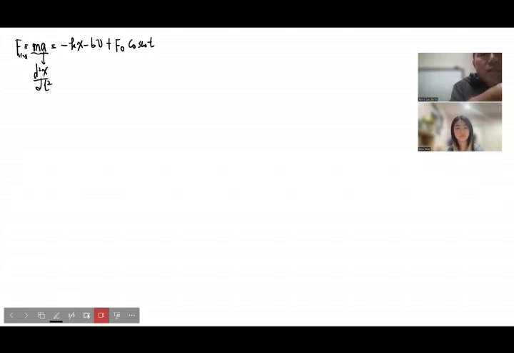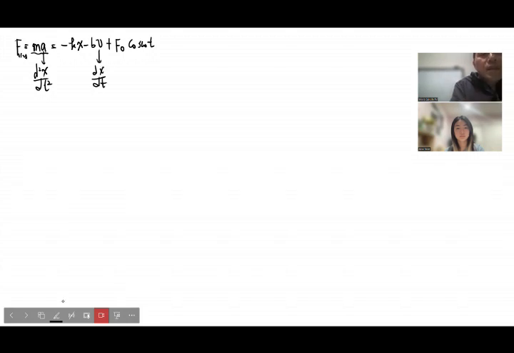The net force in a Newtonian system is m times a, as you know, right? Here the net force is the combination of minus kx, minus bv, plus the external force F naught cosine omega t. And a, the acceleration, is the second order derivative of x in time, and v is dx over dt.